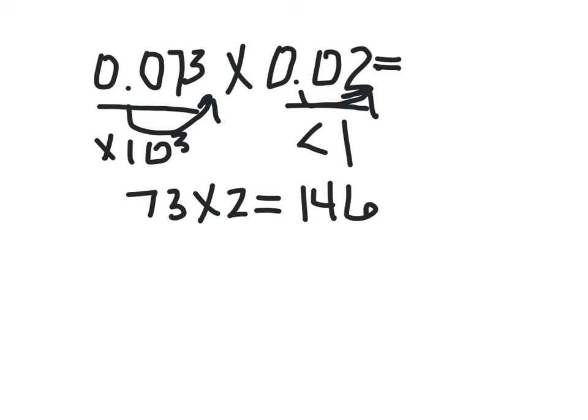How can we undo that? Well, we can divide by 10 to the third. So we can move the decimal point 3 places to the left. So that would move this decimal point here for 146. It would actually be here, so we're going to move it 3 places to the left. So now it would be here.